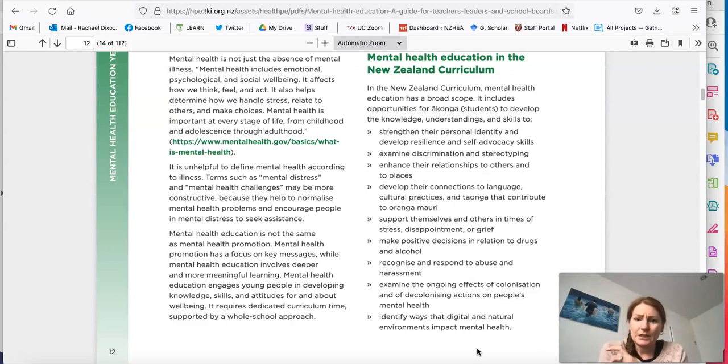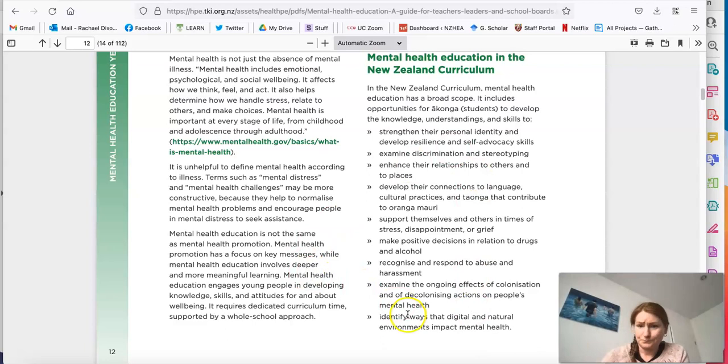Anything to do with drugs and alcohol, so alcohol and drug education fits in the mental health education key area of learning. Things around abuse and harassment, colonisation and decolonising actions that we need to take for promotion of mental health. And the impact of digital environments as well on mental health, so social media, online behaviours and those sorts of things as well.